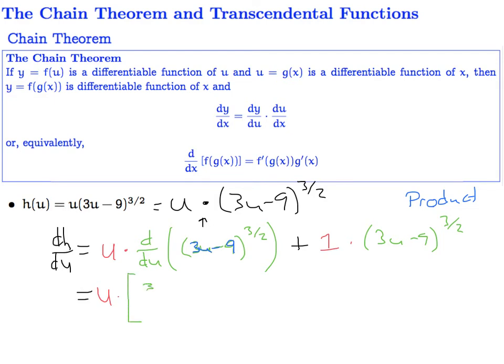So the outer function, the 3 halves, comes down. We keep the inner part the same, the 3u minus 9. We subtract 1 from the exponent. And now we multiply by the derivative of 3u minus 9, which is just 3. And we have it done here. So now we can just bring the rest of this down to complete our derivative.